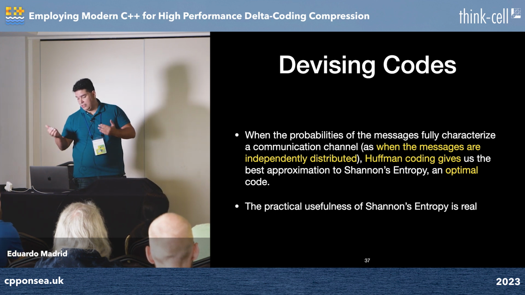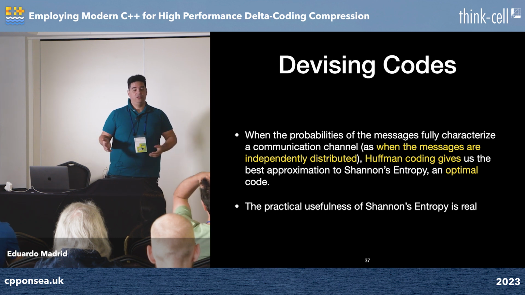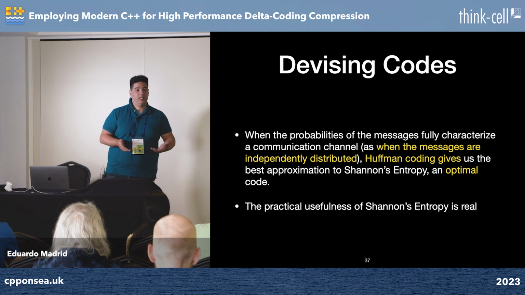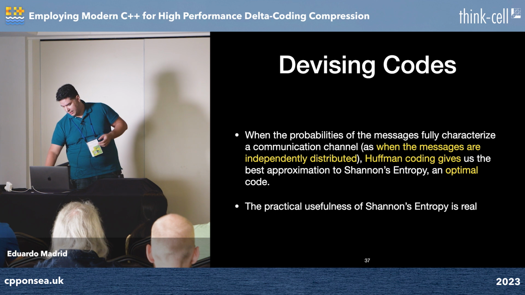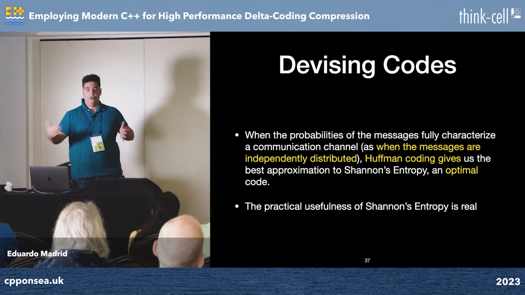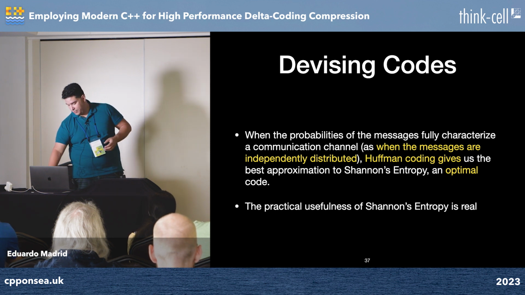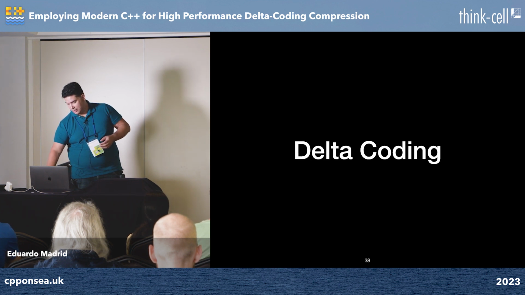And then Huffman coding will give us the best approximation to Shannon's entropy, meaning it's going to give us one optimal encoding for that. And here's another practical illustration of how real Shannon's entropy is, because you can actually get it with tools such as the algorithm of Huffman coding.